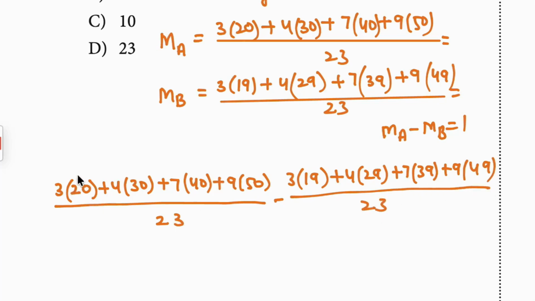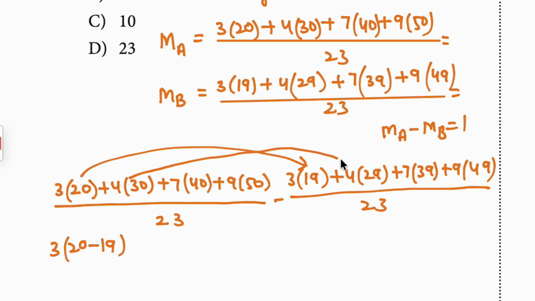Oh, I can see a pattern. So if I just combine these, that will be 3 times 20 minus 19, plus 4 times 30 minus 29, plus 7 times 40 minus 39.